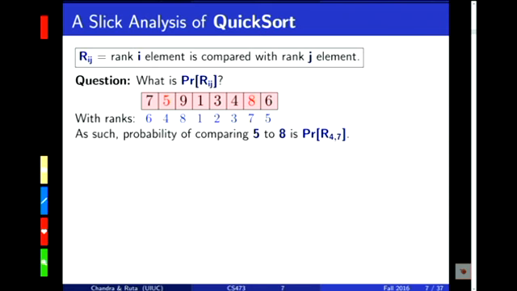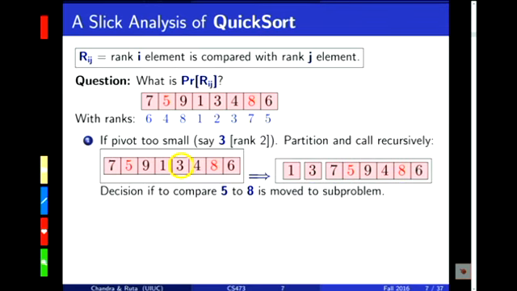Now suppose I pick the first pivot and it turns out to be, let's say, 3. What happens then? 5 and 8 are both bigger than 3, so in this round they are not going to be compared. They will be pushed together into the subarray which contains all the elements bigger than 3, so it will be pushed to a subproblem.